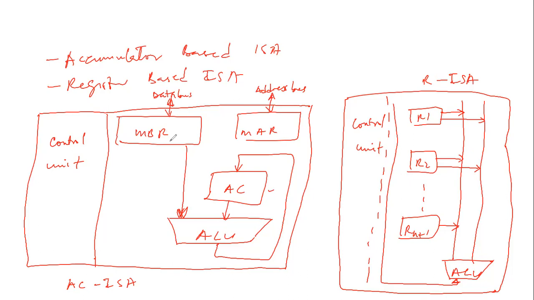In this organization of the CPU, all instructions and data traffic between the CPU and the memory is temporarily stored in the memory buffer register, which is connected to the data bus of the CPU, as seen here.